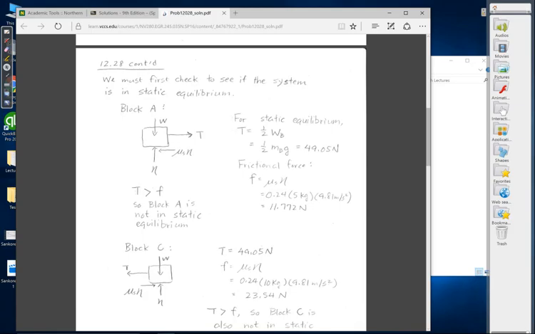So the way we're supposed to make sure that this problem actually is a dynamics problem is to go ahead and first solve it as a static problem to see if the static equilibrium is exceeded. Once the maximum frictional force has been exceeded, then we know that the objects will move and we will have a dynamics problem.